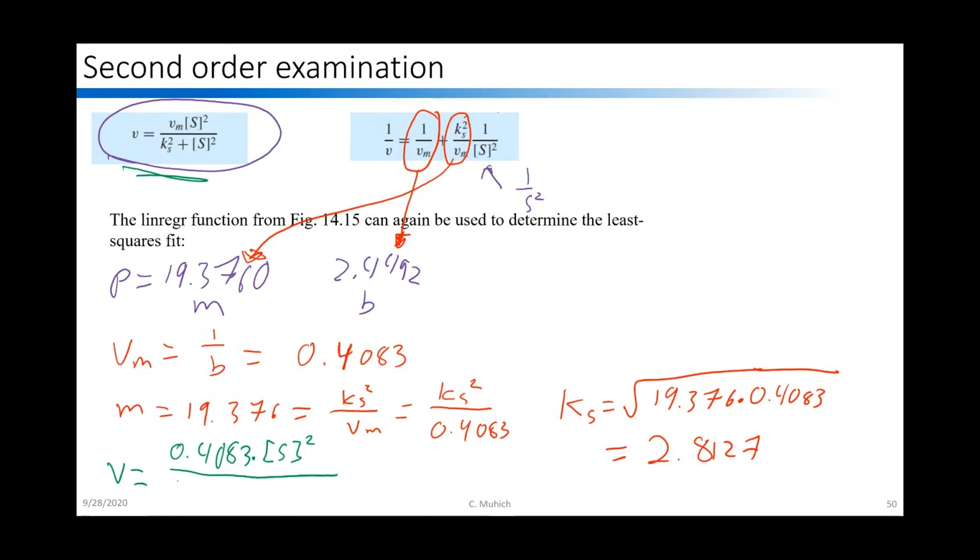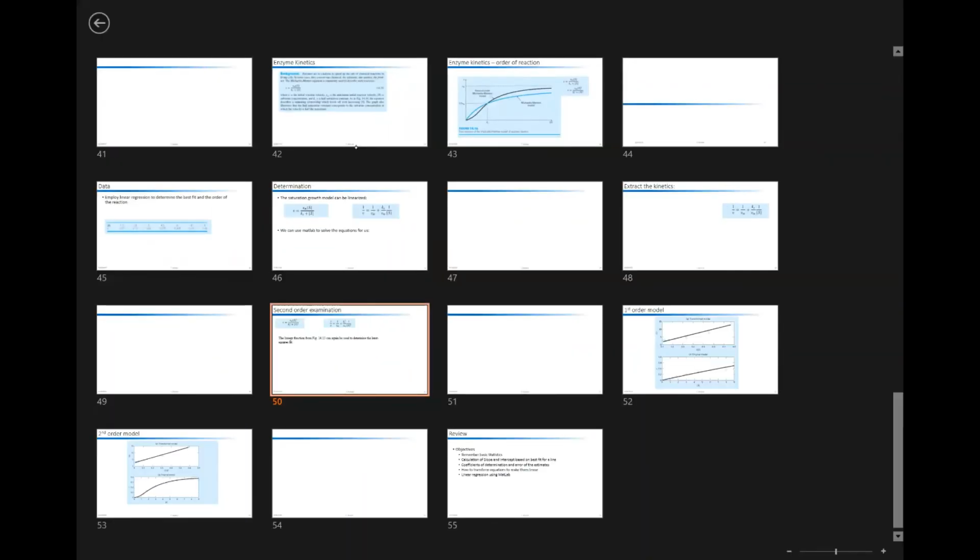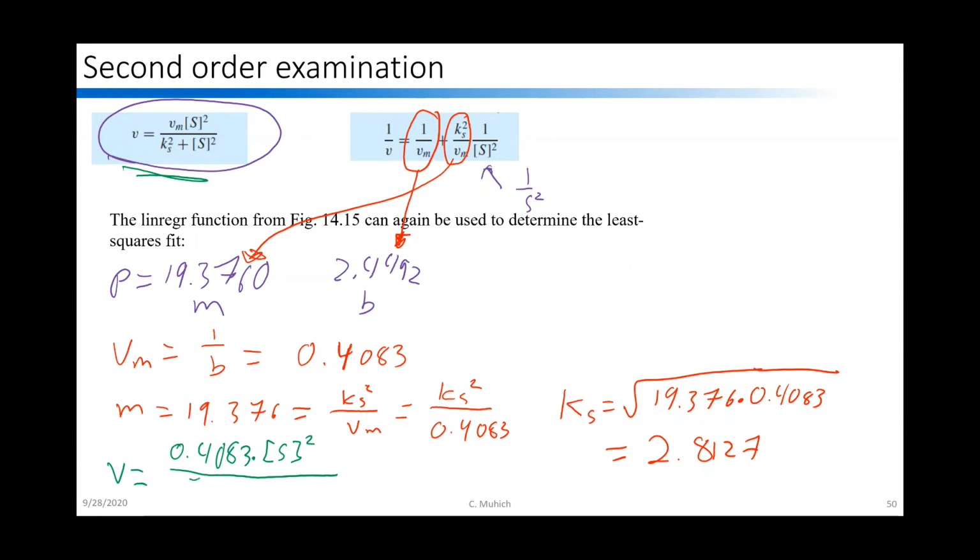Well, that's 2.8 squared, which ends up being 7.911 plus that concentration of S squared.